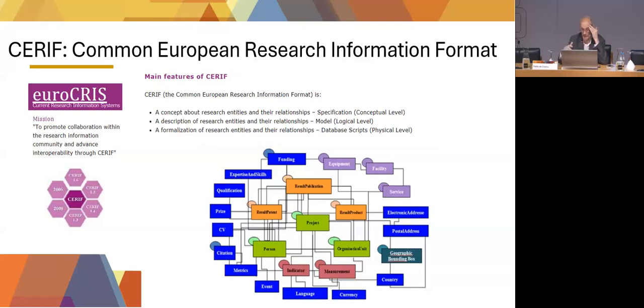And for CRIS systems, euroCRIS is there on the left-hand side of the slide. Its mission is to promote collaboration within the research information management community and to advance interoperability through CERIF.